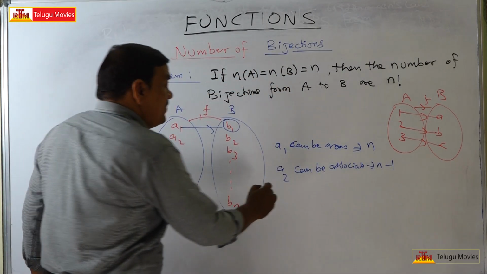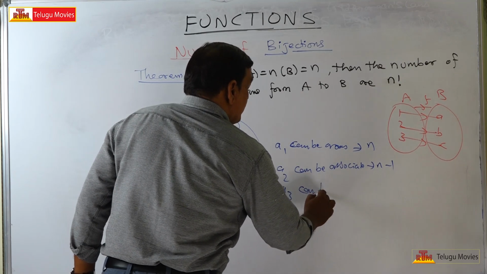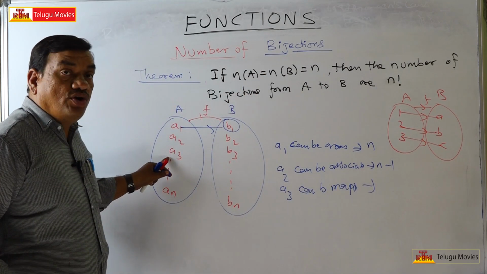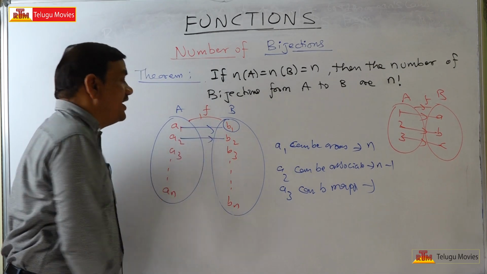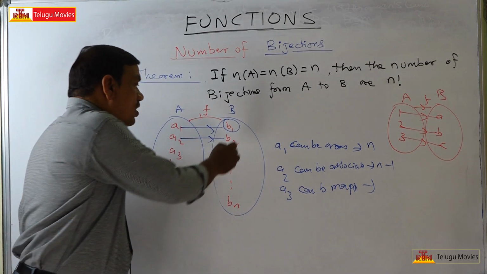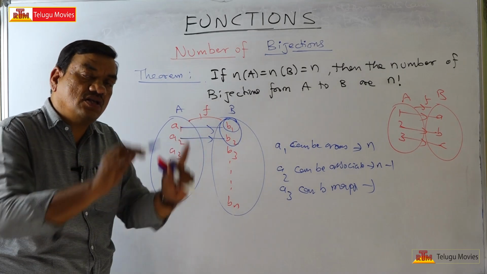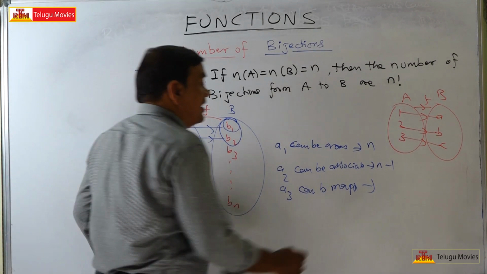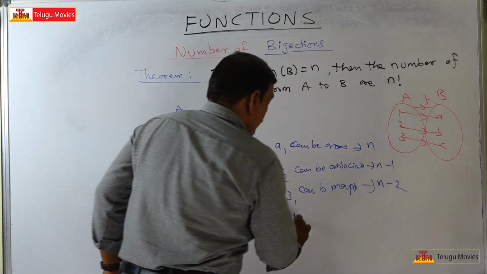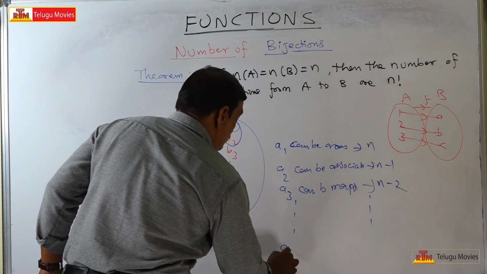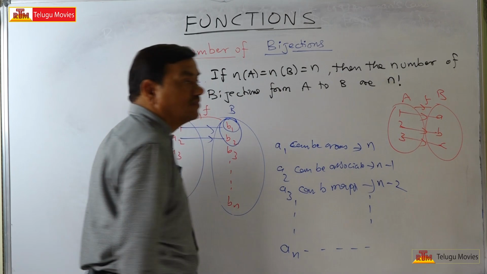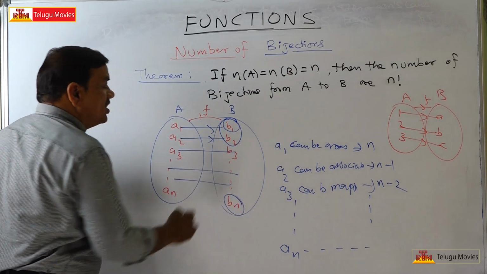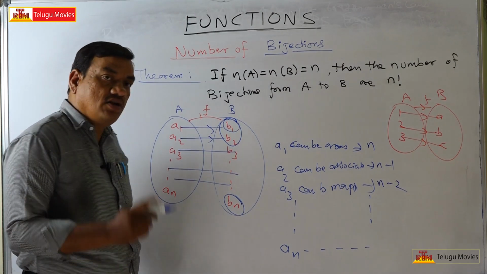Understand? a3 can be mapped onto or associated to... If a2 is associated with b2, already 2 seats are reserved. How many seats remain? n minus 2. So if you go on, the last element an is there, no?